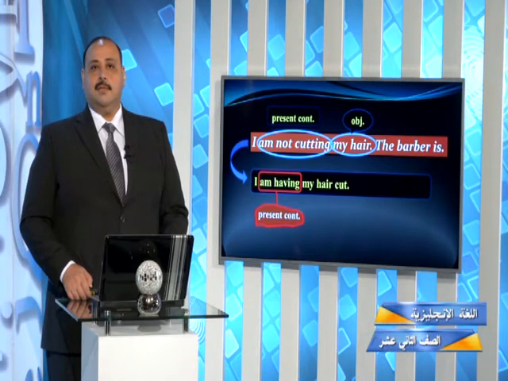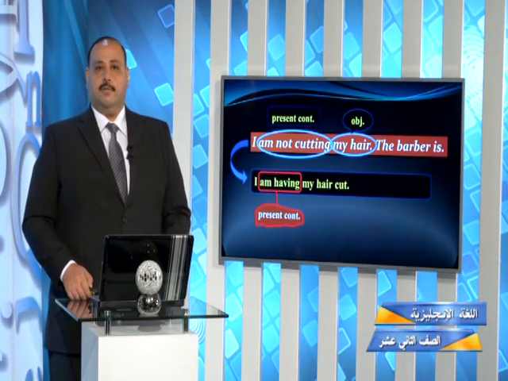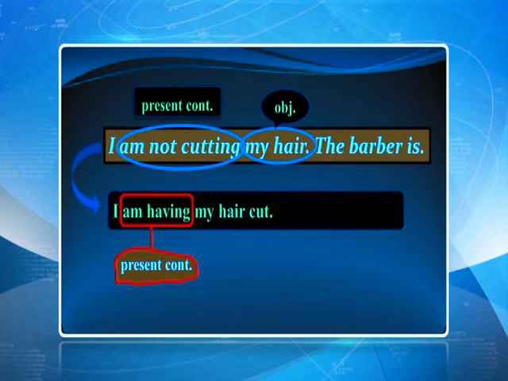Because this is present progressive or present continuous. And then we had the past participle. As you know, the word cut, this verb is the same form in the present, the past, and the past participle. We say cut in the present, then cut in the past, and it is cut also in the past participle. So this is present continuous.